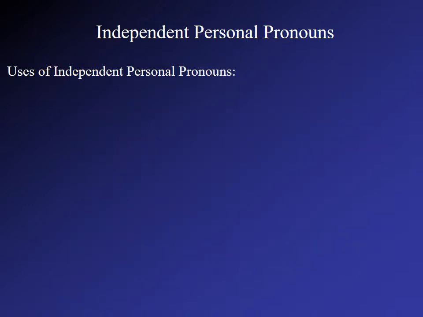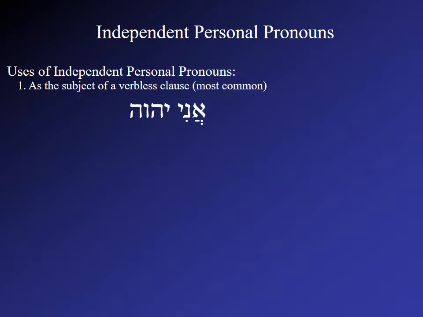Now, we have talked a little bit about uses of independent personal pronouns. So just by way of summary and explanation, independent personal pronouns can be used as the subject of a verbless clause. This is the most common way that they're used. So, for instance, we've seen recently, Ani Adonai. I am the Lord.